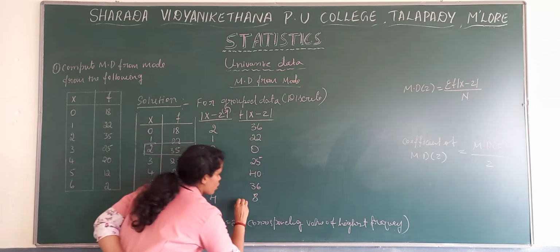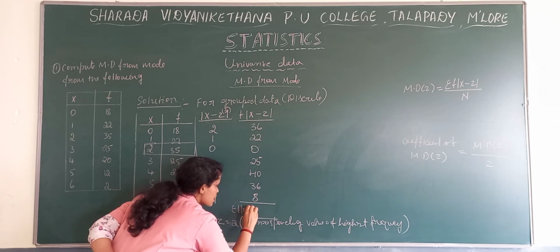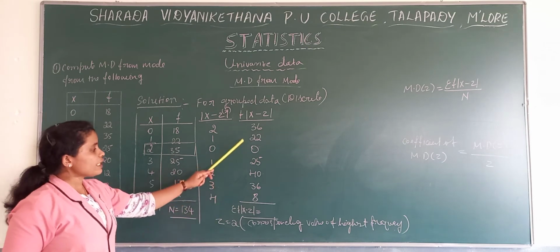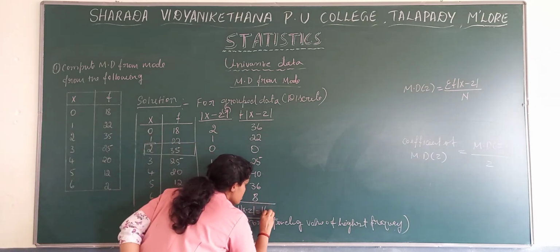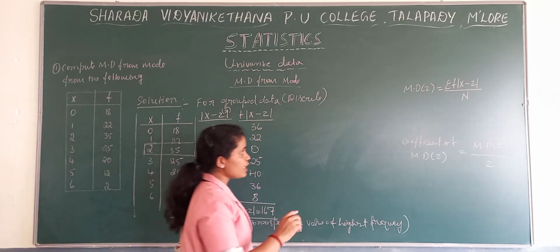Now total this column, that is sigma f into modulus x minus z. When we total it, we get 167.